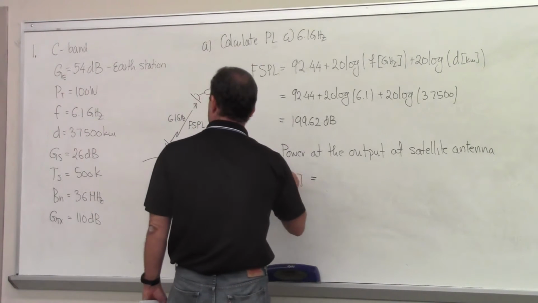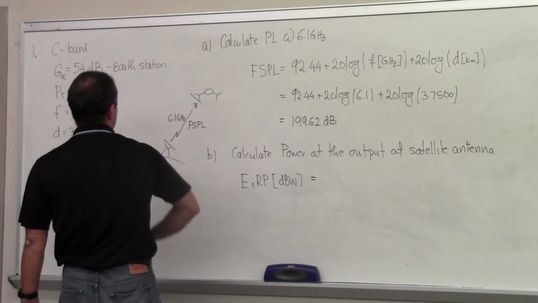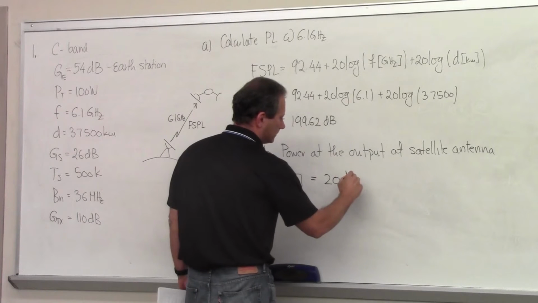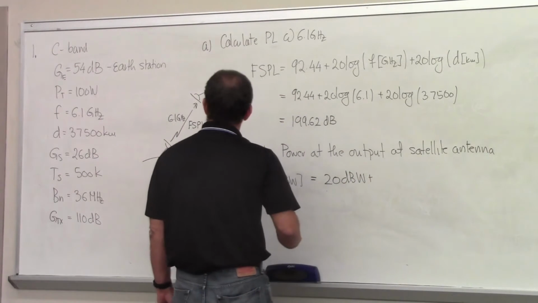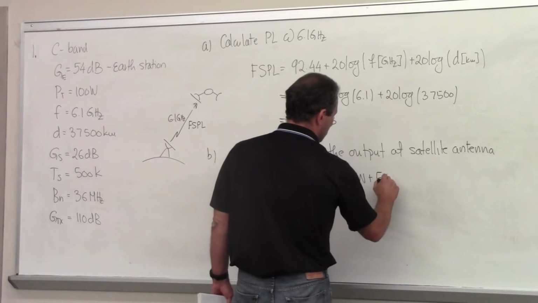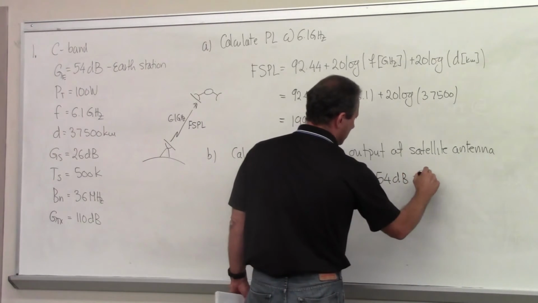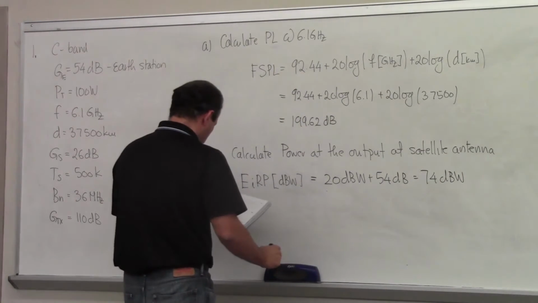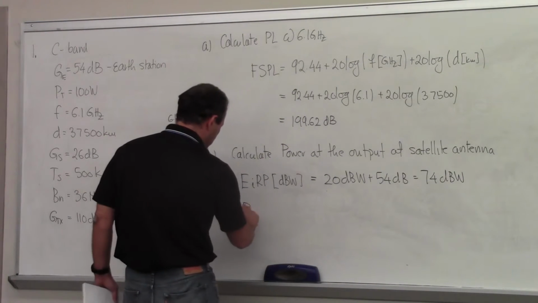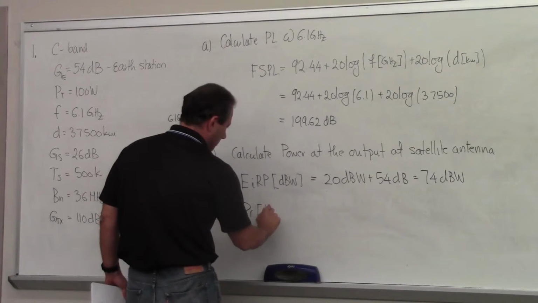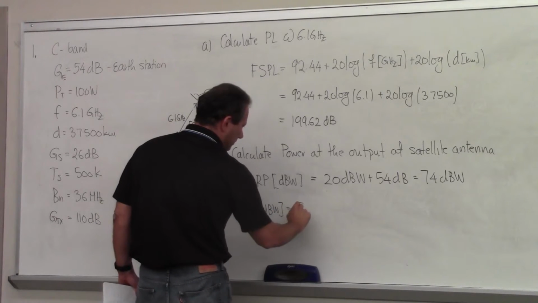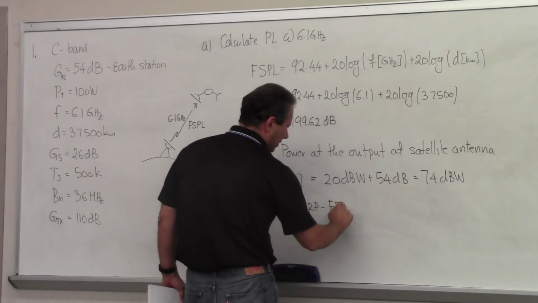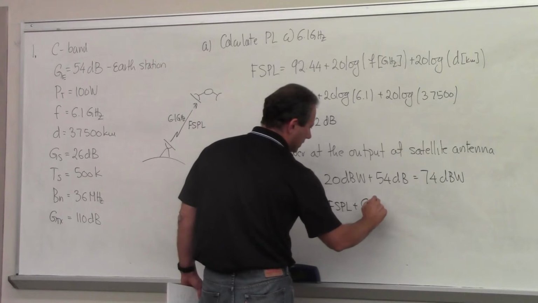In our case, the transmit power is 100 watts. How many dB watts is that? 20 dB watt. Plus the antenna gain of 54 dB, so it's 74 dB watt. Then your received power in dB watt is your EIRP minus the free space path loss plus the gain of the satellite antenna.